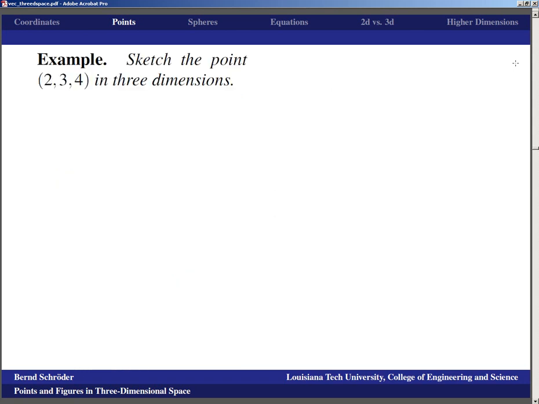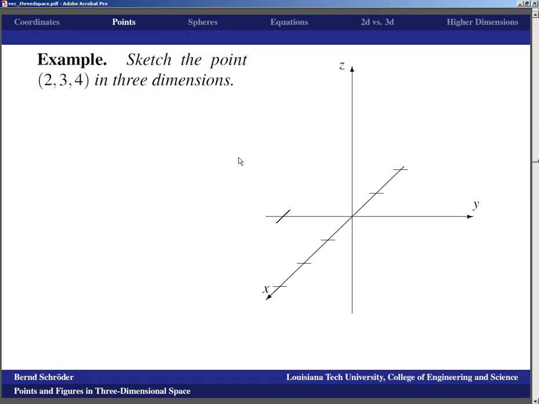Okay, so a quick simple example, and this is the kind of thing that we could ask you on a homework problem, which looks downright simple, but it's all the stuff in between the lines that you need to internalize. So if we want to sketch the point 2, 3, 4 in 3 dimensions, what are we going to do? We sketch an x-axis, a y-axis, a z-axis. We put a scale on the x-axis, the y-axis, and the z-axis.